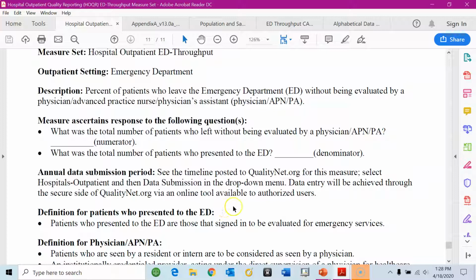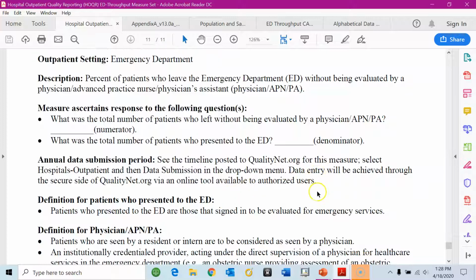Okay. I think it would be less confusing if I could show you the site, but I don't have access to be able to log in to that screen. But once you get into the secure site and go to the web-based measures, you'll be able to find out how to enter. One thing I can say, a lot of people will ask, this doesn't include AMA patients.